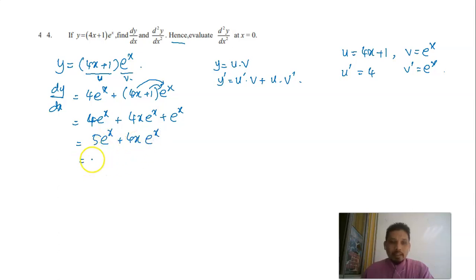Factorize, take out e to the power of x, then we got 5 plus 4x. Okay, so this is our dy/dx.